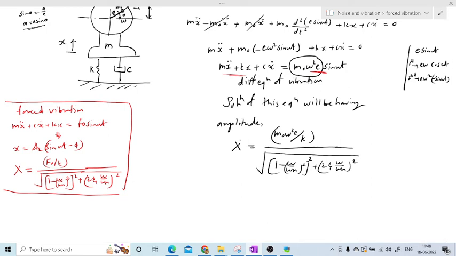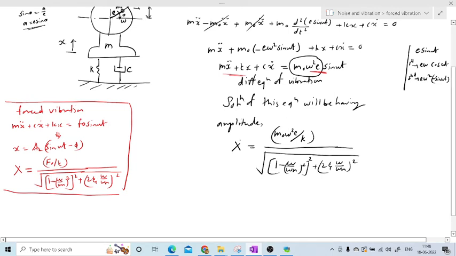Now if you want the phase lag, that is the phi or phase difference, you can say, phi is nothing but tan inverse of 2 zeta omega by omega n divided by 1 minus omega by omega n whole square.